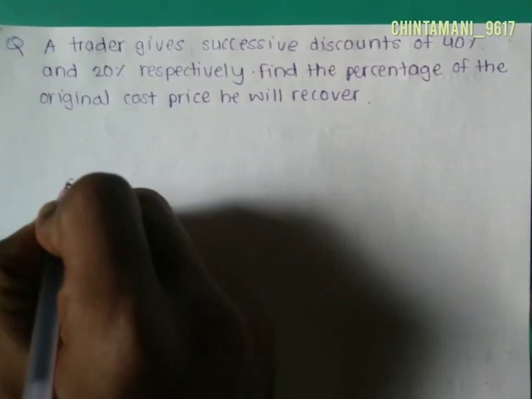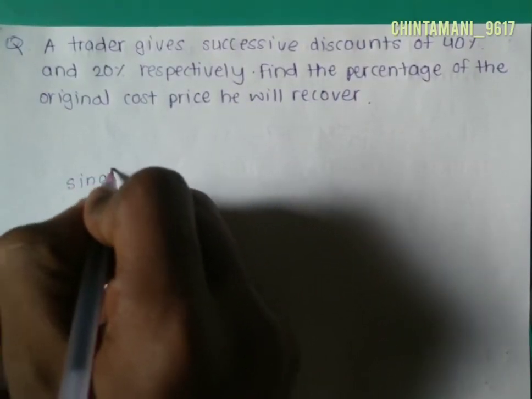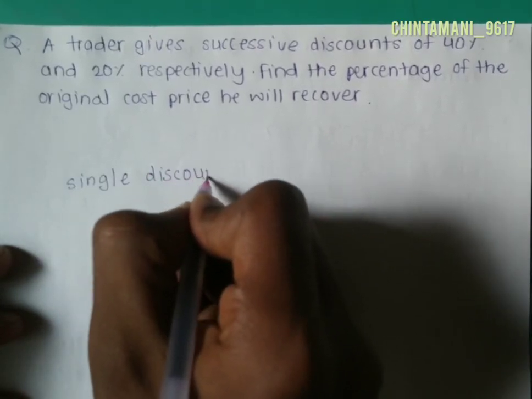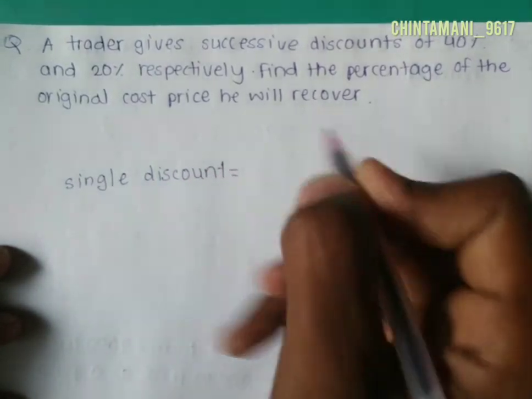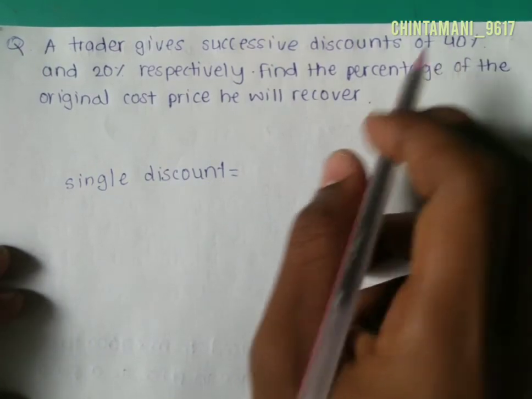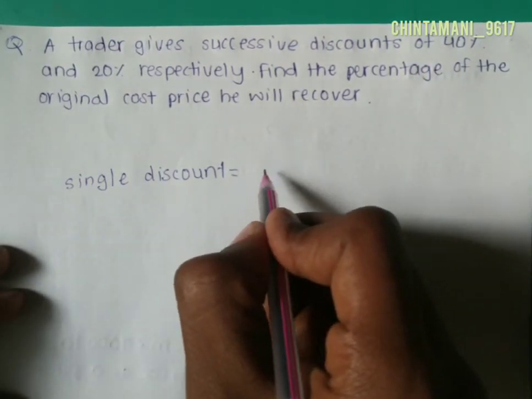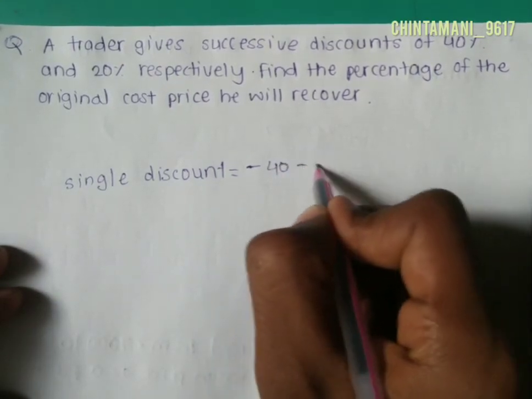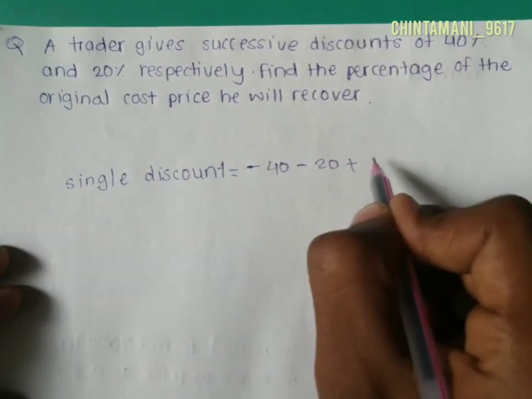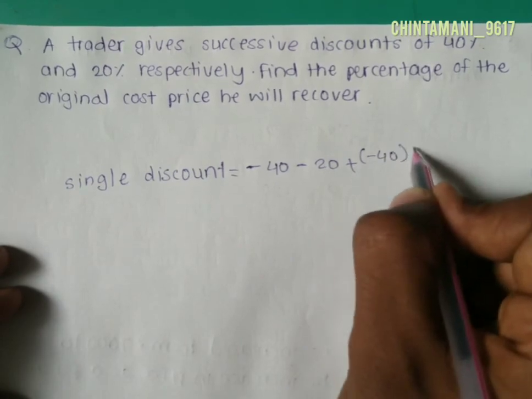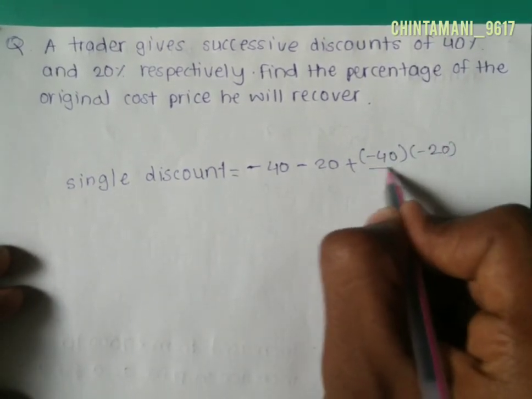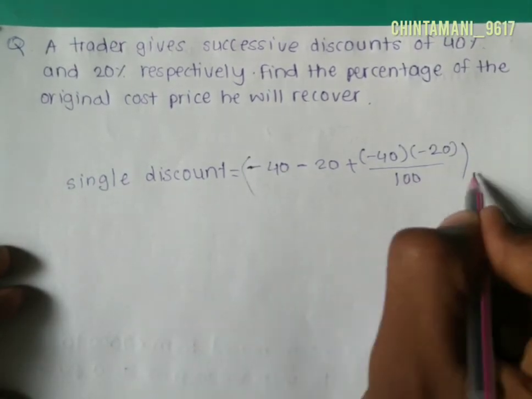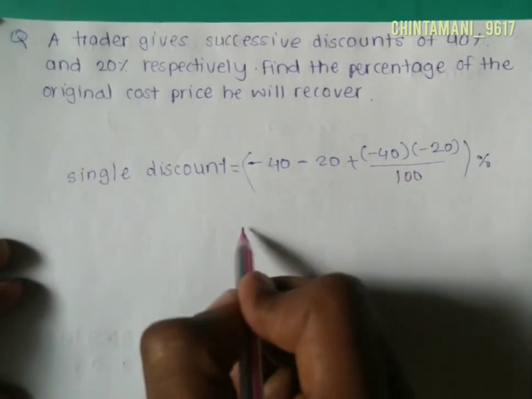A single discount is equal to, since it is a discount, minus 40 minus 20 plus minus 40 into minus 20 divided by 100, and that answer will be in percentage.